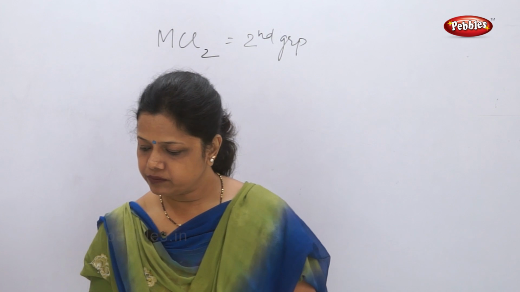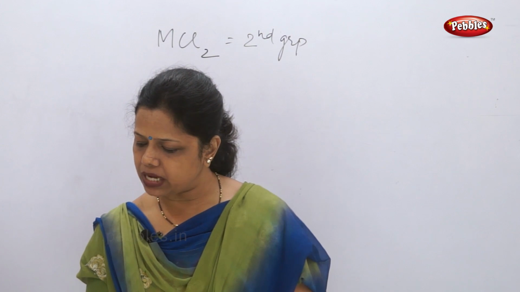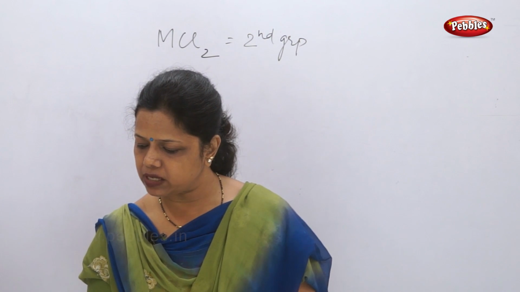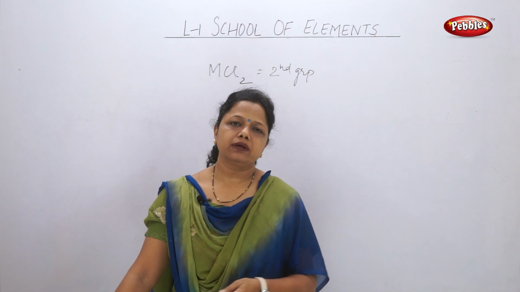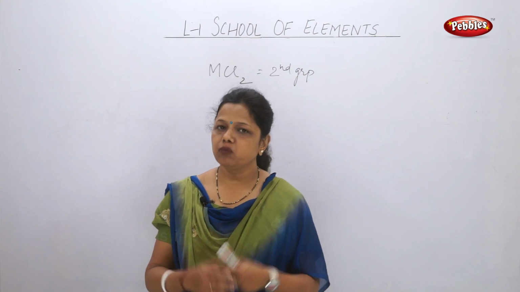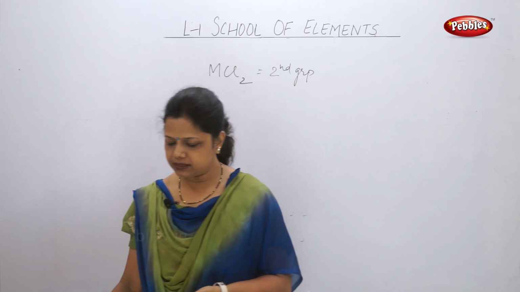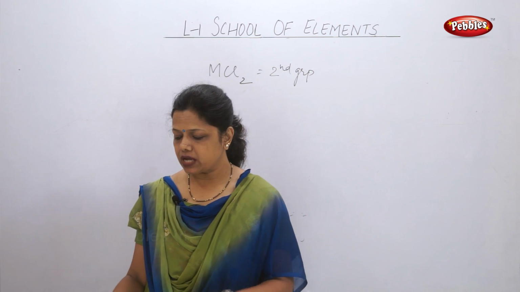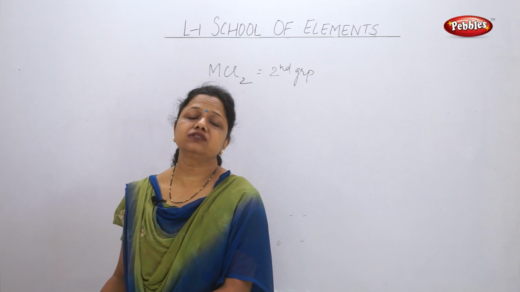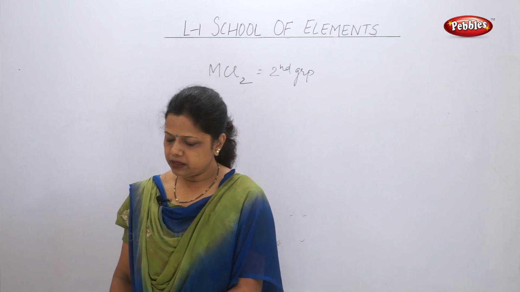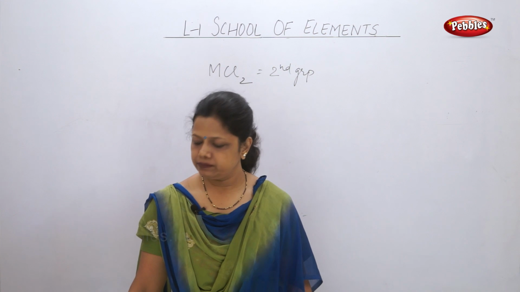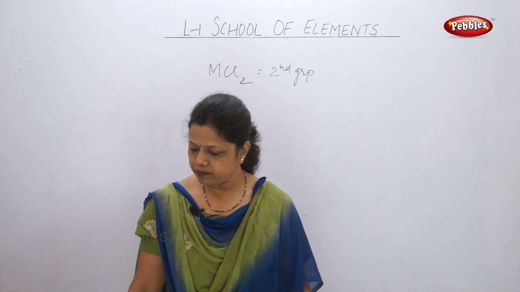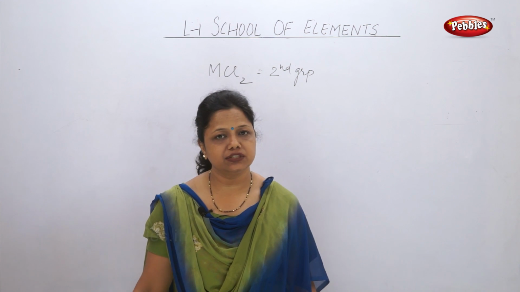Second question. In the modern periodic table, which are the metals, non-metals and metalloids among the first 20 elements? You can refer to your periodic table and we can both find out. Metals, as I said, there are metals which are placed in the first 20 atomic numbers. They are lithium, beryllium, sodium, magnesium, aluminium, potassium, calcium.